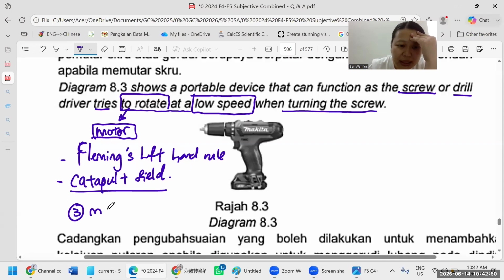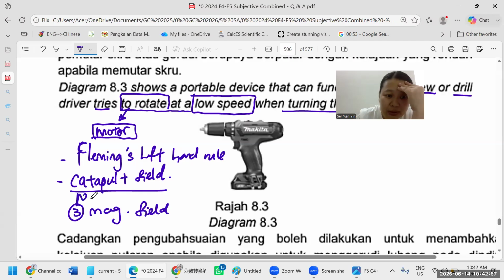Got three magnetic fields. So catapult field is the resultant magnetic field from the interaction of the magnetic field of the CCC and the magnetic field of the permanent magnet. CCC is a temporary magnet, current carrying conductor. That's all. This is normally what they ask.